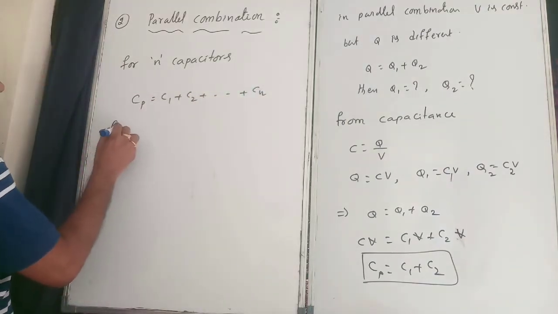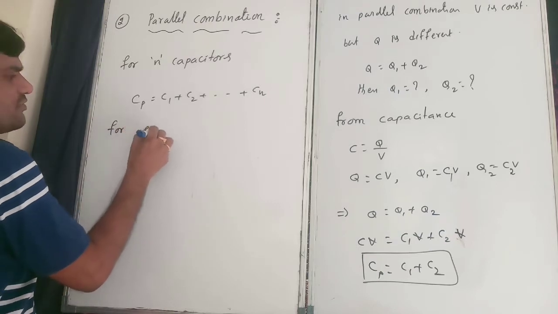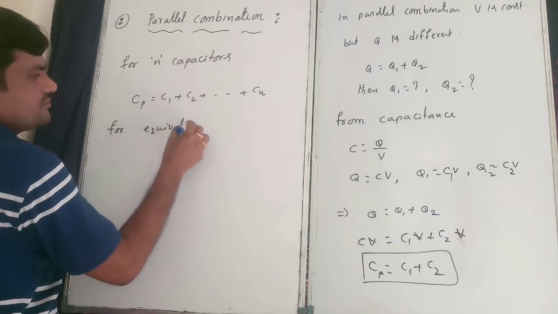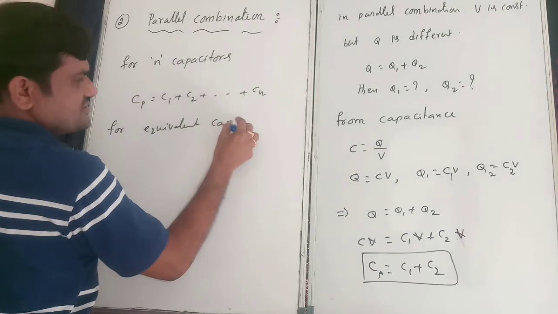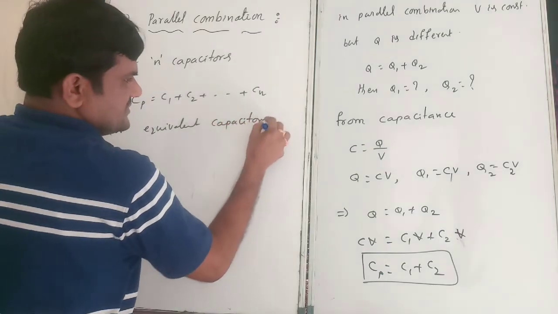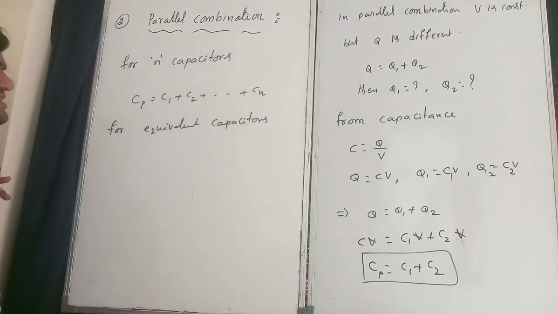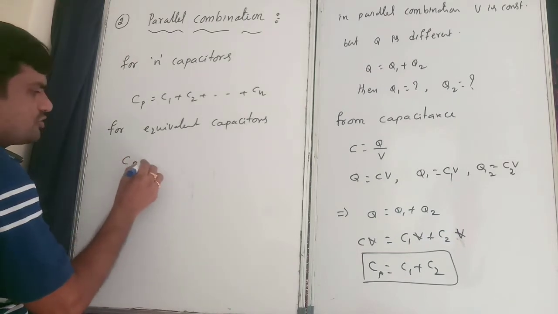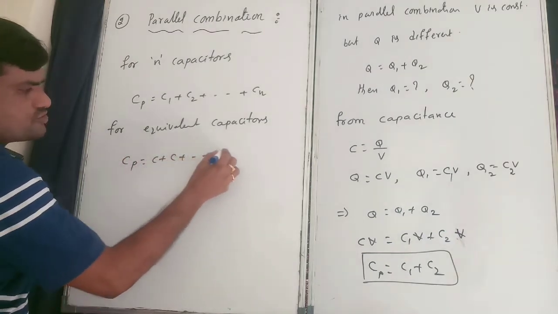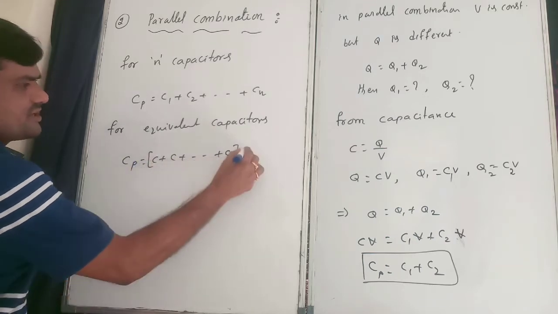Right. For equivalent capacitors, that means all have the same capacitance, so Cp is equal to C plus so on C. How many times? N times.